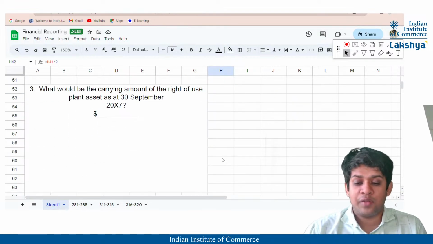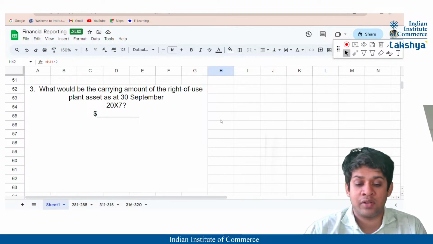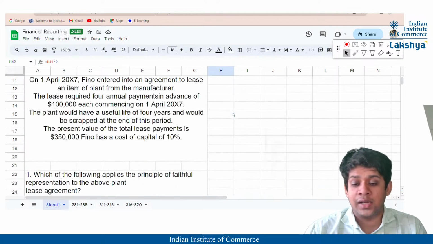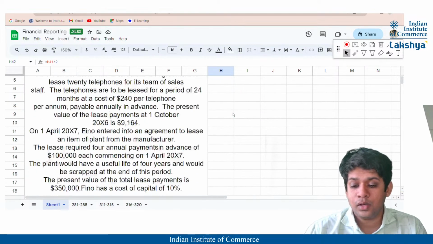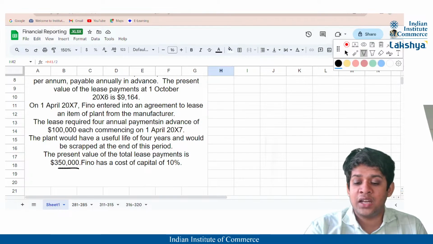Okay. Now we have to identify what is the carrying amount of the right of use plant asset as at 30th September 2017. For the plant asset, guys, you can see here the present value of the lease payments is $350,000.